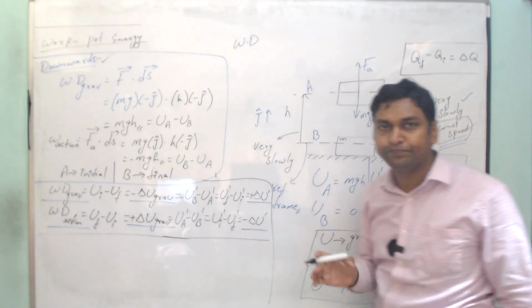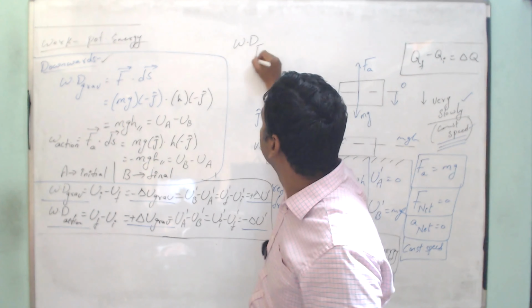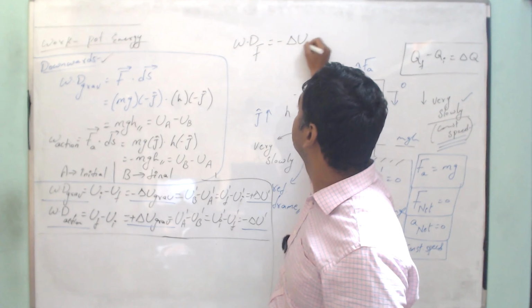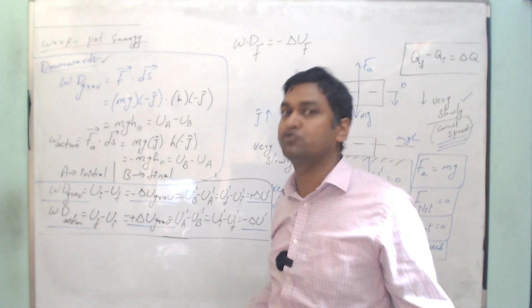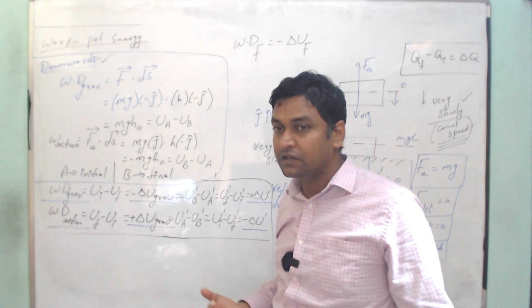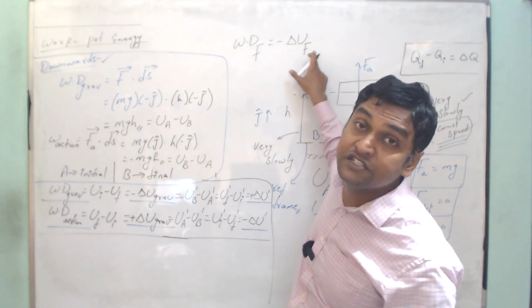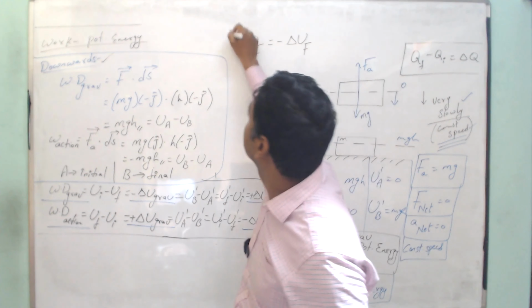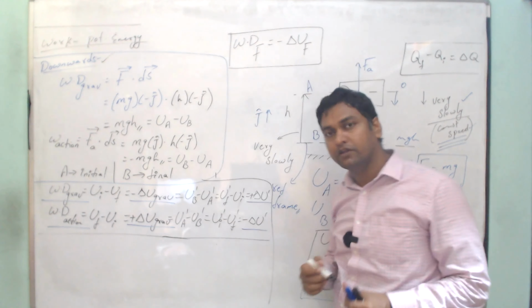Work done by a force is equal to negative of change in potential energy. Potential energy also is there for every force. Wherever there is force, there is potential energy. So only if I talk of potential energy representing that force, then there is a minus. Getting my point?